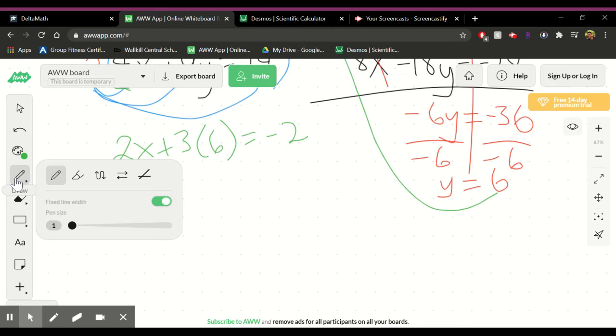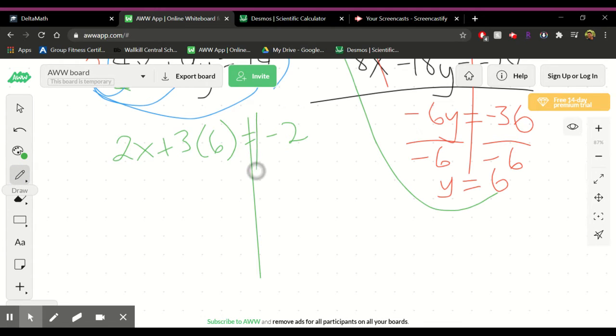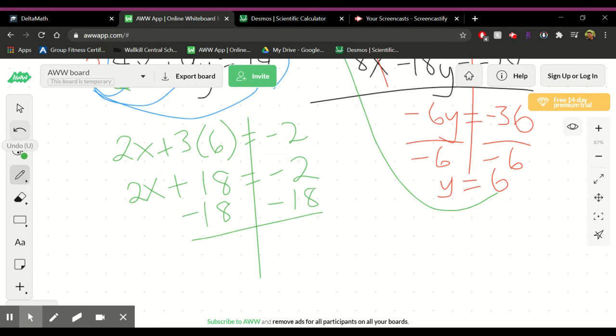So we have 2x plus 18 is negative 2. And we're going to minus 18 from both sides, and we get negative 20. Divide both sides by 2, and you get x is negative 10.